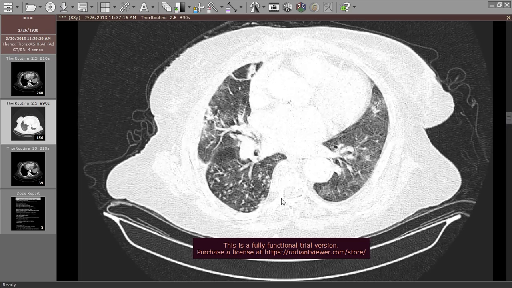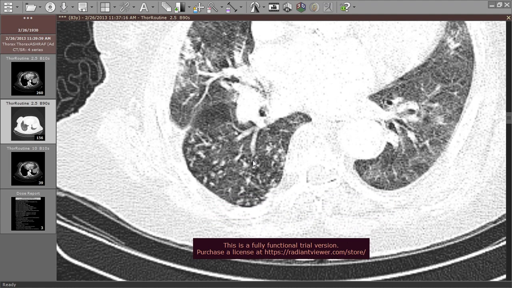These nodules are attaining the typical tree-in-bud configuration, centrilobular tree-in-bud configuration, representing endobronchial pathology, like the inverted Y shape or Mercedes sign.